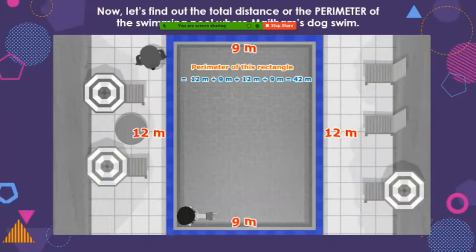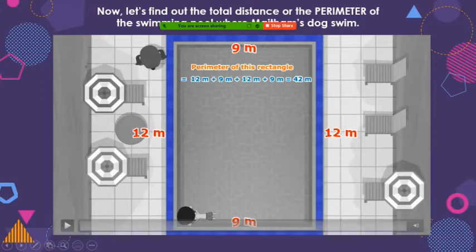What did my thumb do to find out the perimeter? What operation did he use to find the perimeter? Teacher, 12 meters plus 9 meters, and times 2. You can times, right? But in the video shown, what did my thumb do? He added.